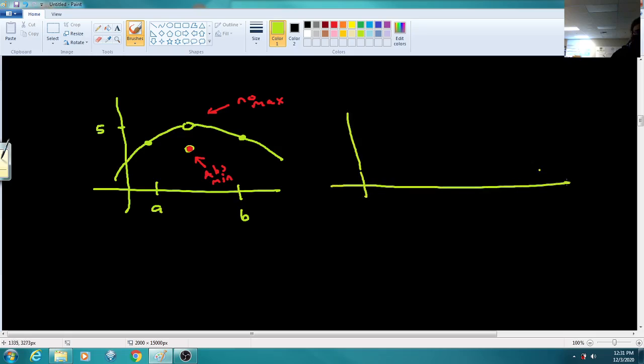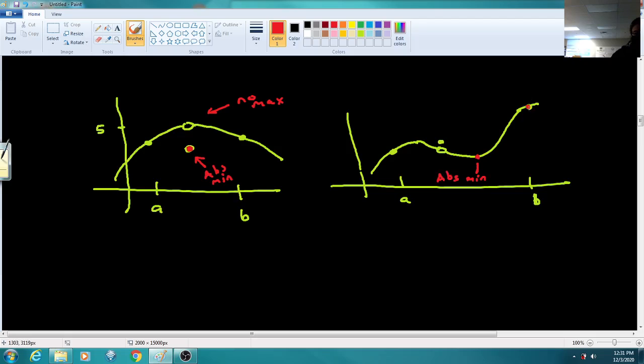Now, if the removable discontinuity happens somewhere in the middle, like maybe you've got a function like that, and you've got your missing point and the Y values here, and A is over here and B is over here. We could say, well, A's Y value is here, B's Y value is up here, so the minimum value looks like it's down here, so there is a minimum.